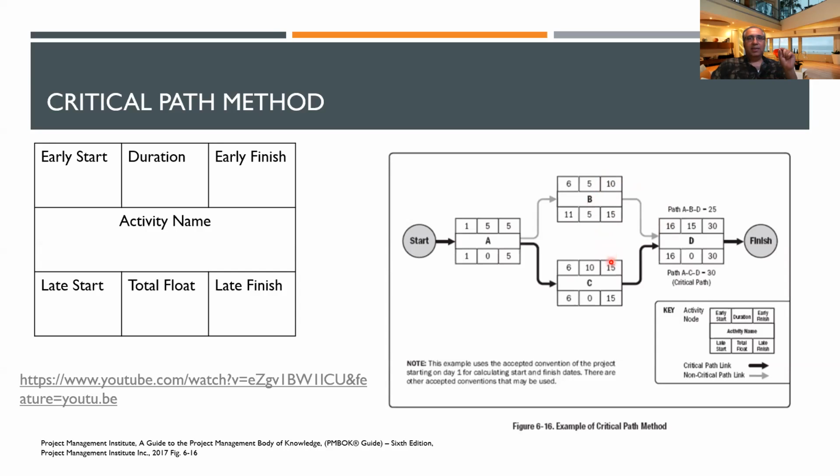You have to take 15. You cannot take 10, because after 10 days you've done this, but you cannot start D until you finish both of these activities. So you have to wait till this is done on the 15th day. And then the next day at 8:30 a.m., you're going to start on activity D, which will be on the 16th day.